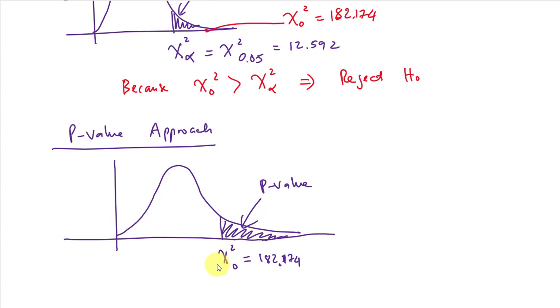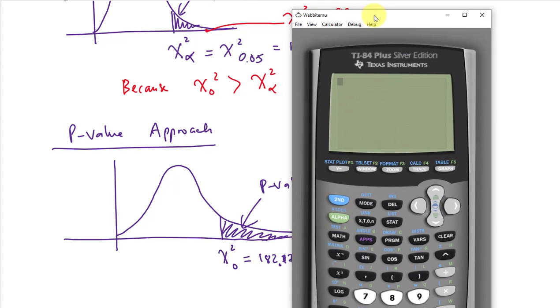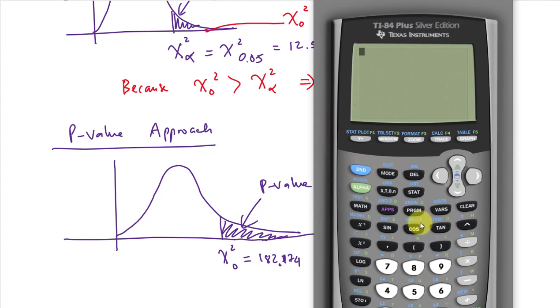We can apply the functions from the TI-84 or 83. I think the TI-84 has a function for the chi-square, but I don't think the TI-83 has it, so make sure you use the newer version of the TI-84. You press second vars to get to the distributions, and you pick the option chi-square CDF. It gives you the cumulative area.